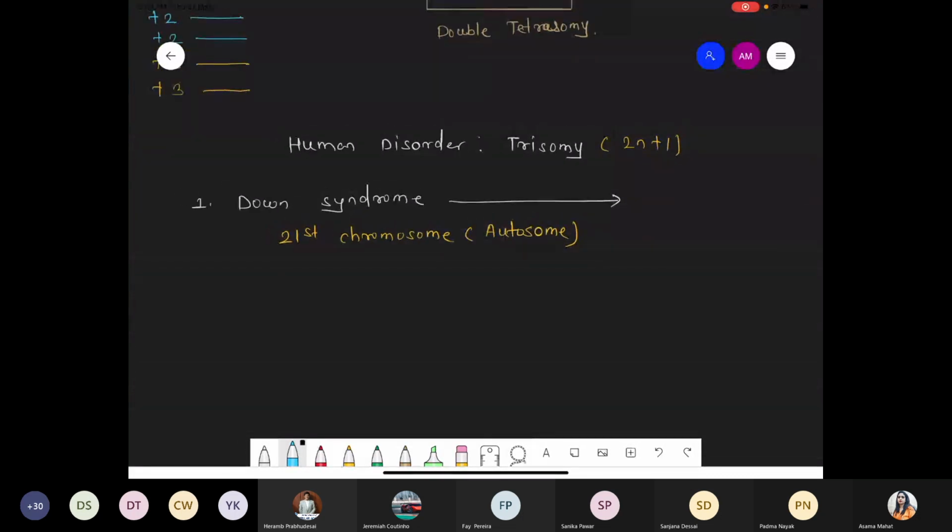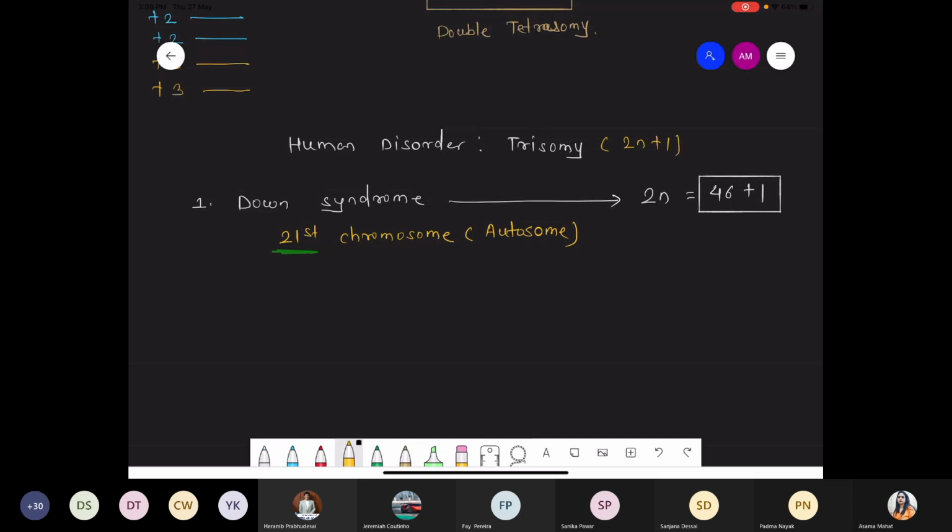So this Down syndrome, which is associated with the 21st chromosome, humans have the diploid condition, 2n, total 46 chromosomes, but there is an addition of 1. So how many do they get? They get 46 plus 1. In this condition, a copy of the 21st chromosome is added.